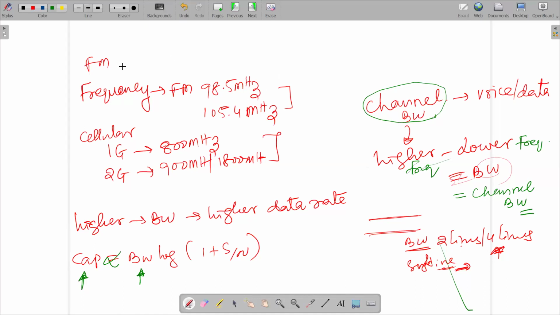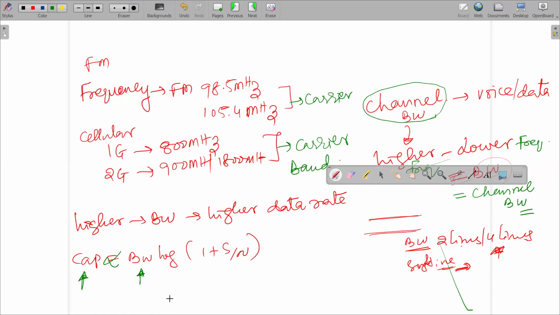Sometimes we call this frequency a carrier also. Carrier and frequency are the same. Sometimes we call it band. So band, frequency, carrier, all are similar terms, because band is derived from frequency only, and carrier is also derived from frequency.